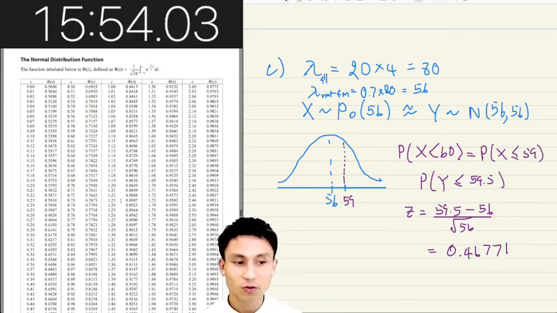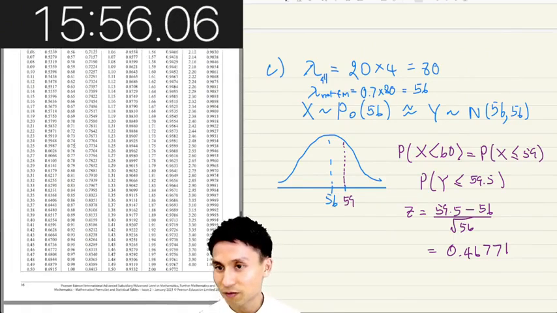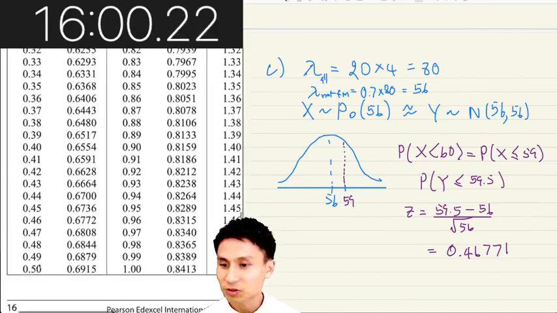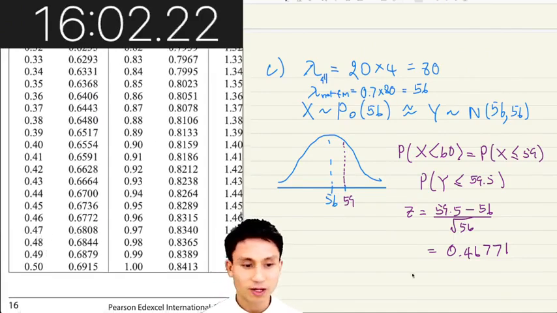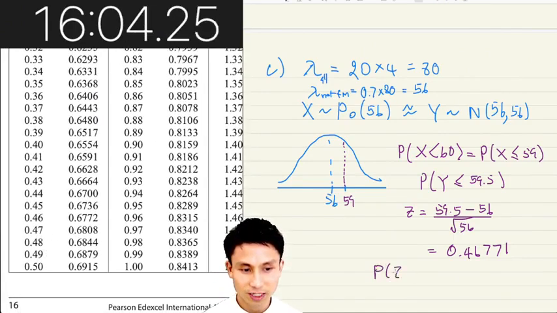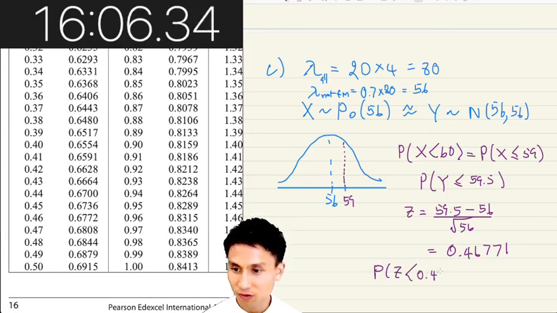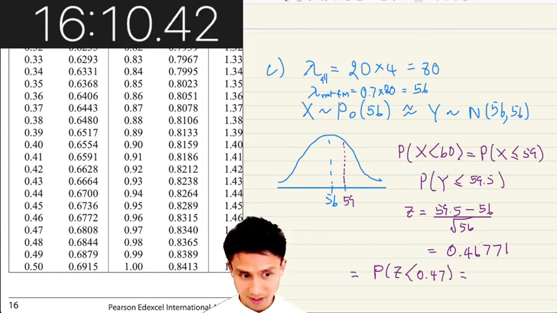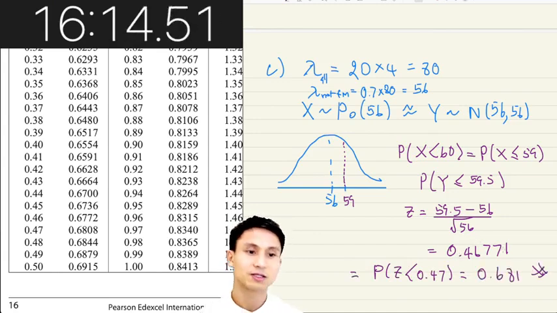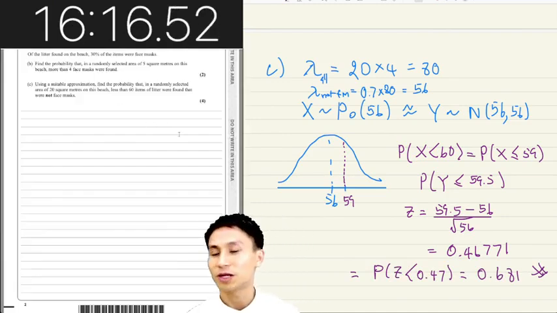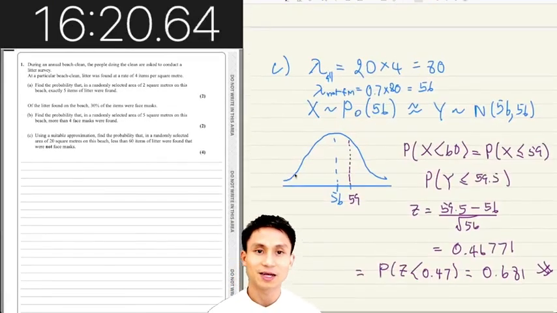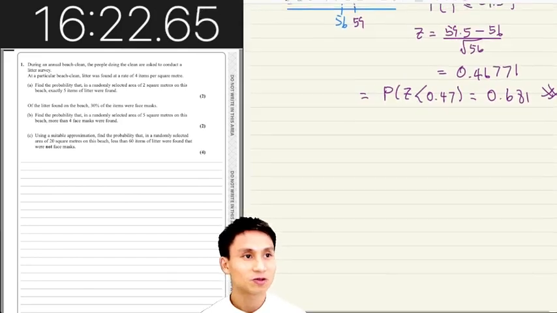So 0.4677, I'm just going to give it 0.47, right, guys? So P of Z less than 0.47 would be equal to 0.681. Just 3 decimal places there, rounding a bit up because we used a rounded Z value there. Okay, that's done. Phew, that was the first question.